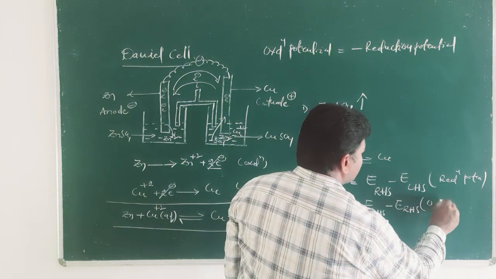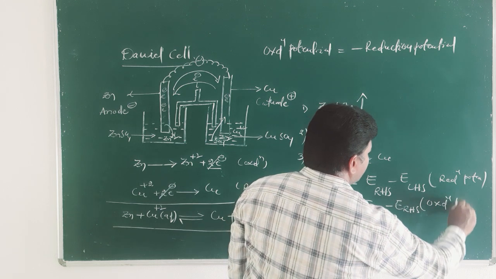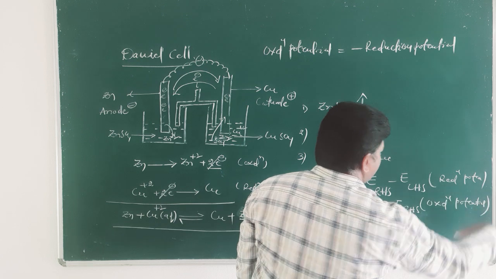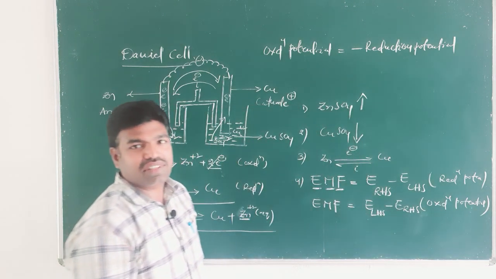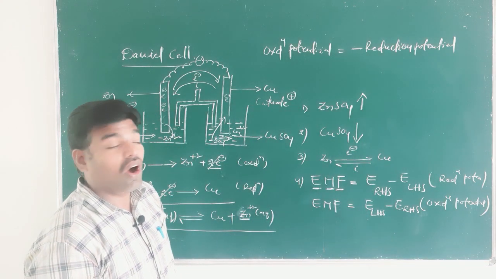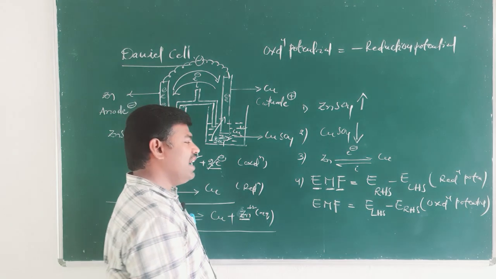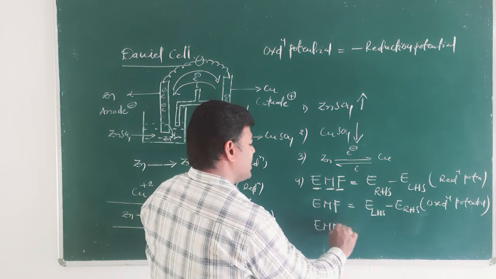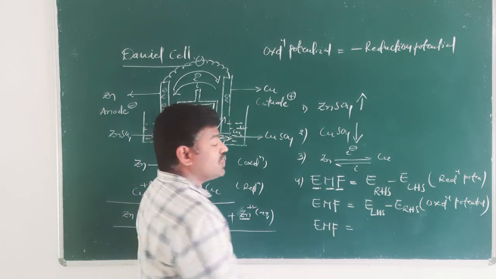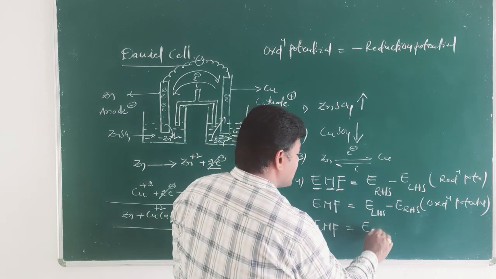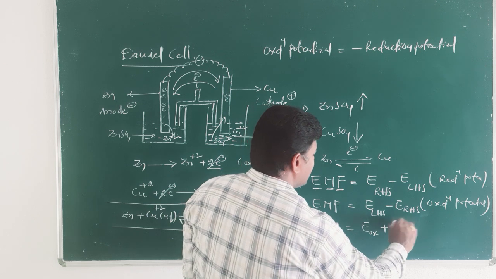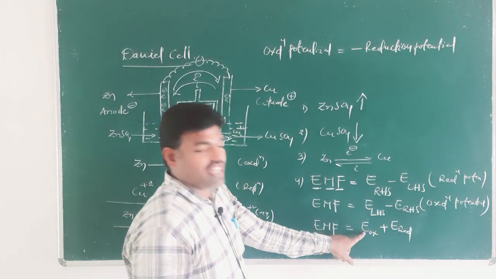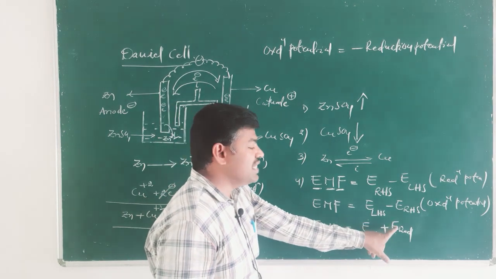Here the two potentials are oxidation potentials, right? And there is another equation for EMF. EMF is equal to oxidation potential plus reduction potential, where this is oxidation potential and this is reduction potential.